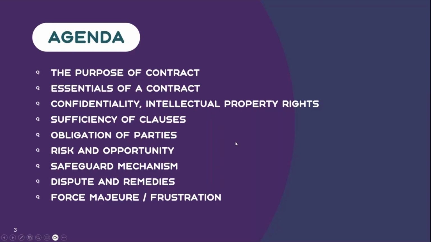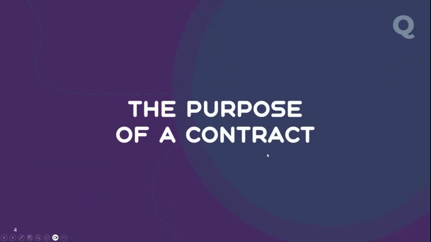If you have a basic understanding of these terms, trust me, guys, you can review any contract. Let us go to the first thing, which is the purpose of a contract.